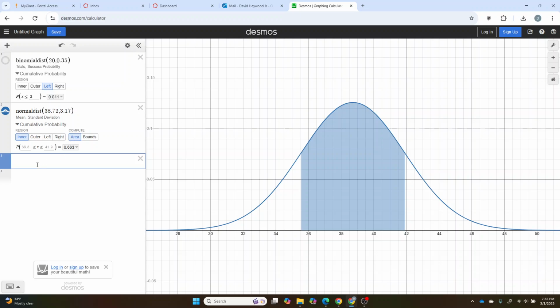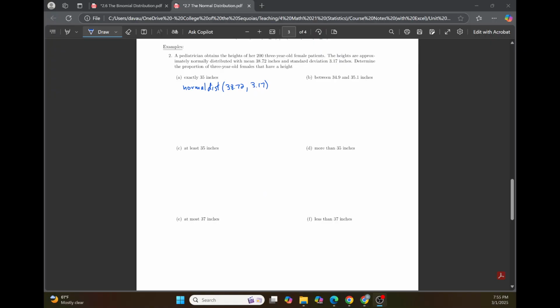So if I want the probability x is exactly equal to 35, then I should put 35 here and 35 here. And the area is 0. Just like we thought, right? So the probability is 0, just like we thought it would be. So again, to show probability x equals 35, we really entered that in as the probability that x was between 35 and 35.